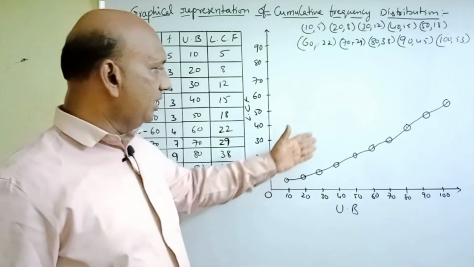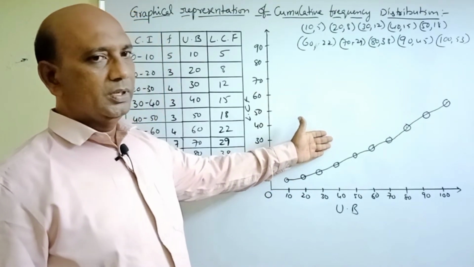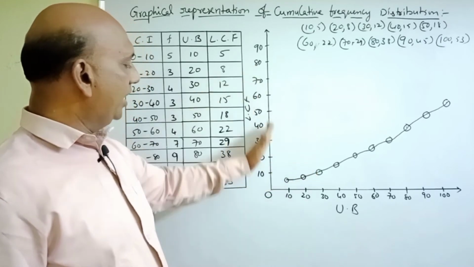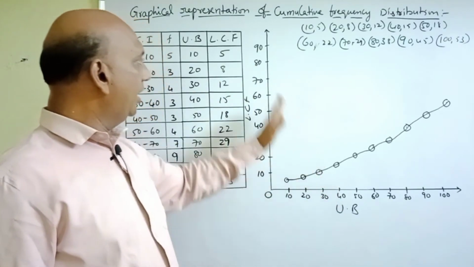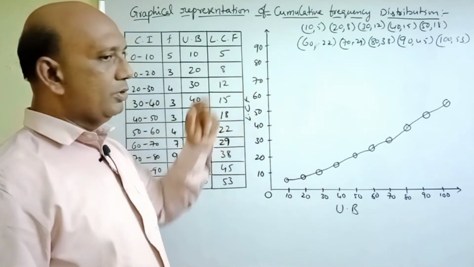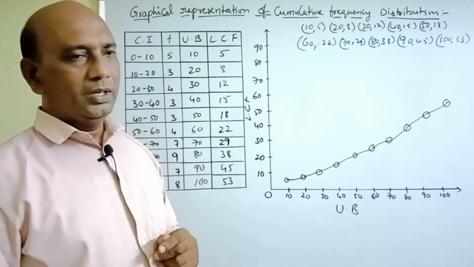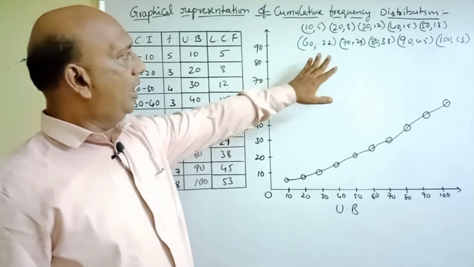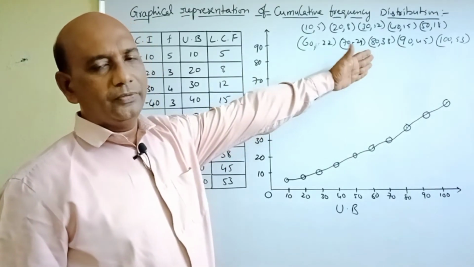To construct this less than cumulative frequency curve, we selected the scales on the x-axis and y-axis: x-axis upper boundary and on y-axis less than cumulative frequencies. You have to write whatever scale you have taken on the right side of your paper.